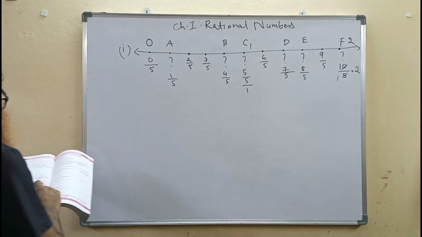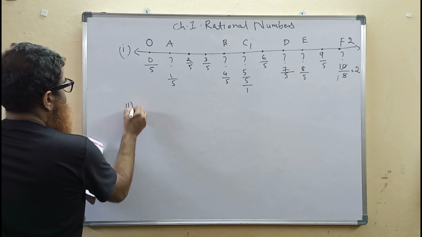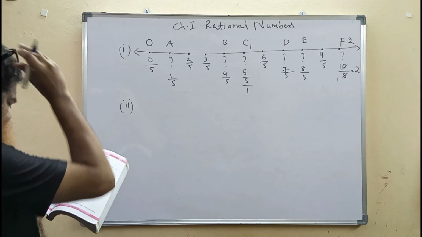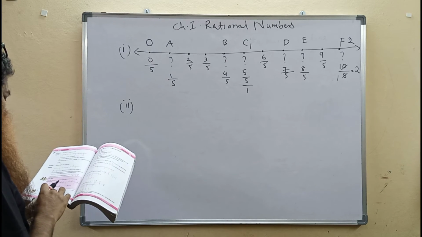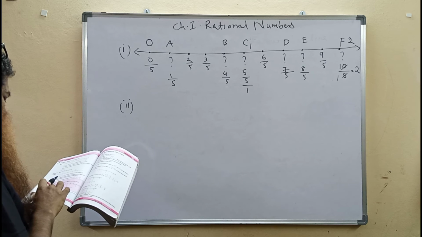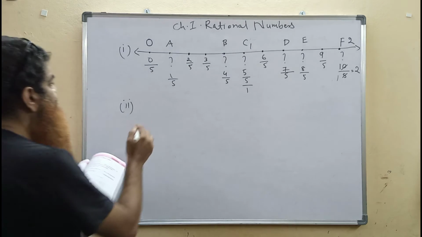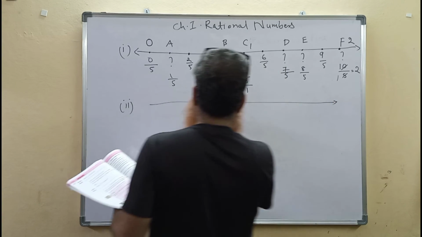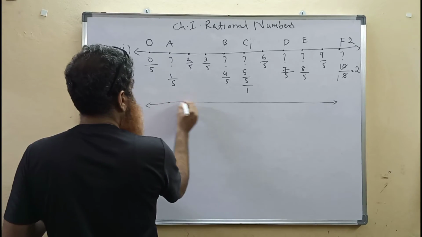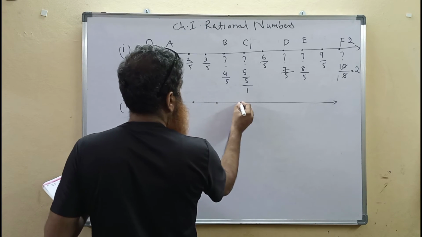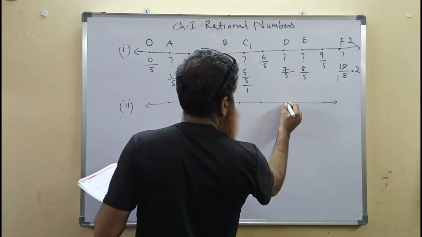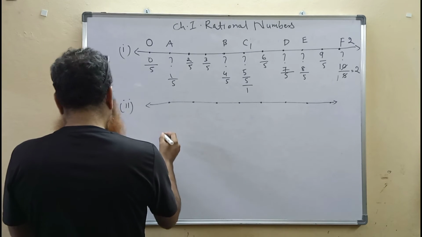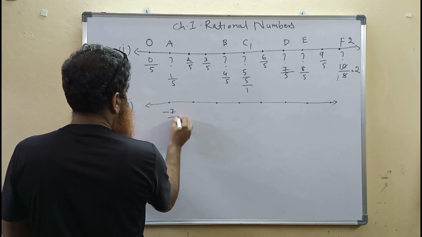So the next one here in try these, again, it's asking us to find out some numbers which are labeled on it. We have on the number line 8 points marked, 1, 2, 3, 4, 5, 6, 7 and 8, beginning with -7 by 4.